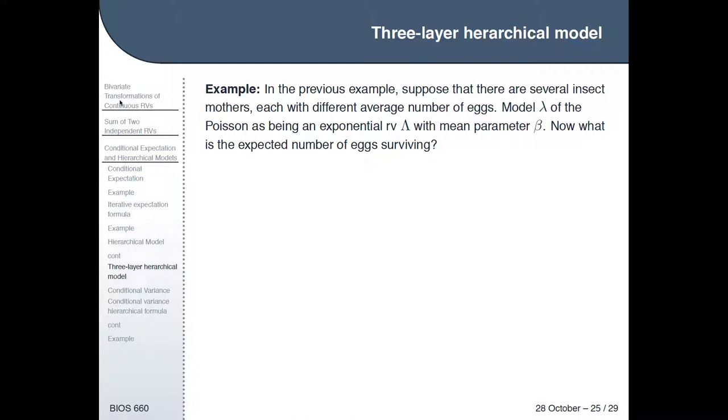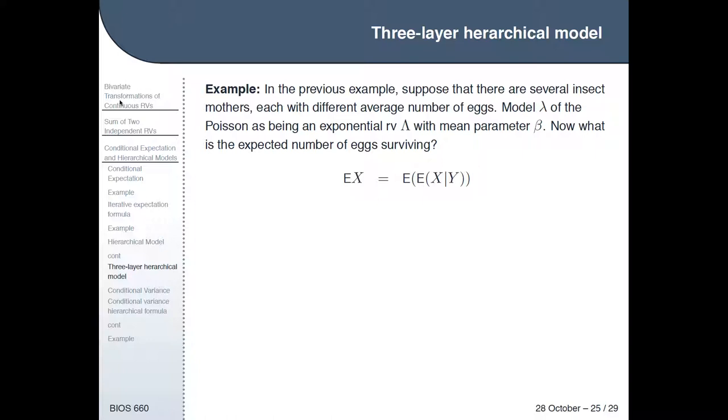It's a Poisson with exponential random variable lambda that has mean parameter beta. So what's the expected number of eggs surviving now? Well, we can use the iterative expectation formula again.